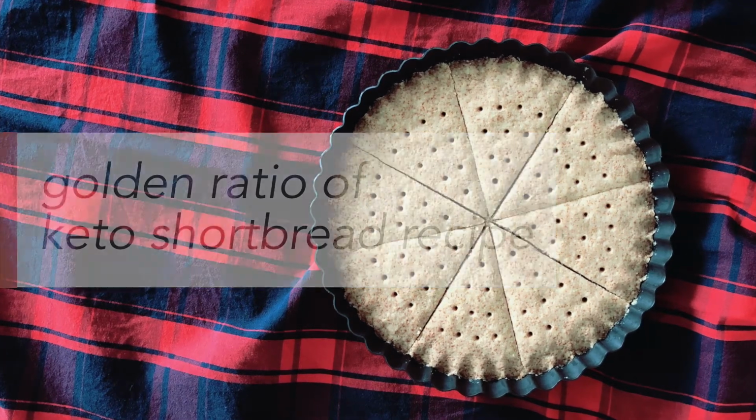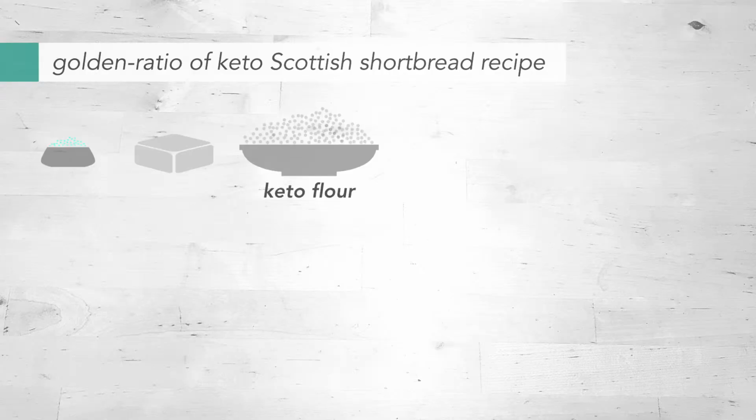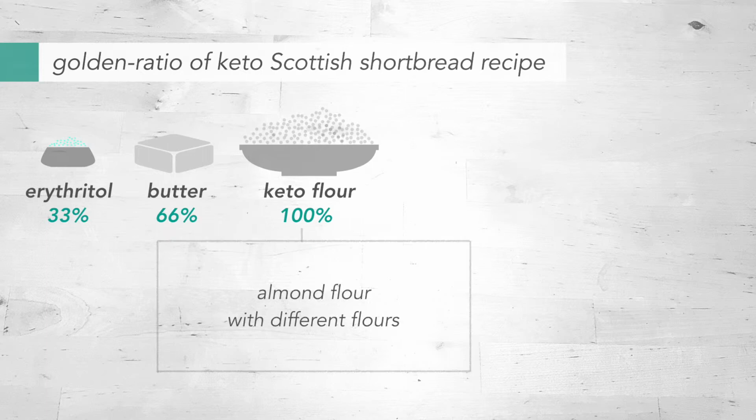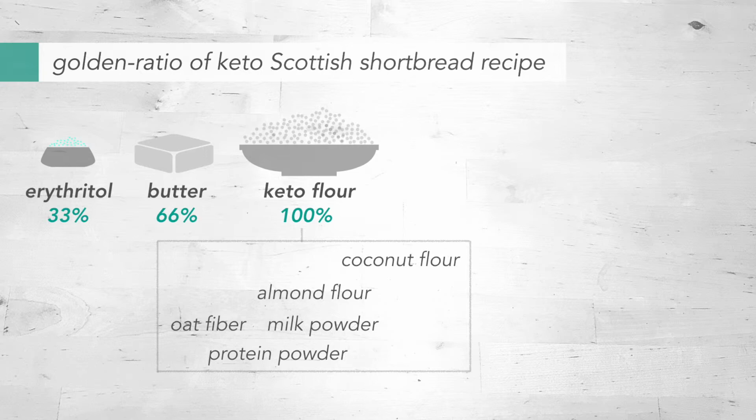Originally, if we set the weight of this keto flour as 100%, then erythritol is 33% and butter is 66%. About the flour, I started to play with the percentage of almond flour with other different flours, such as oat fiber, protein powder, milk powder, coconut flour, and soy flour.